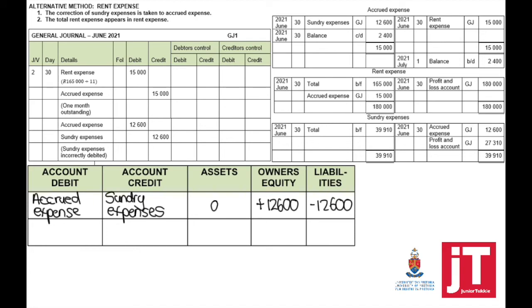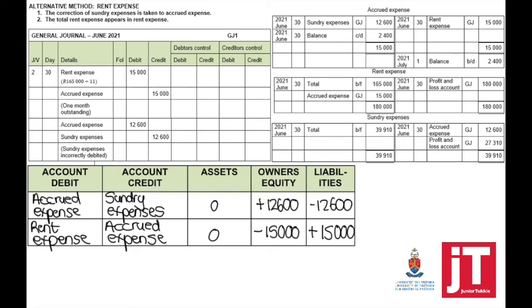If we look now at what happens with rent expense, the total rent expense which is still outstanding will appear in your rent expense account, which means that rent expense is going to be debited, account credited, accrued expense, the total 15,000.